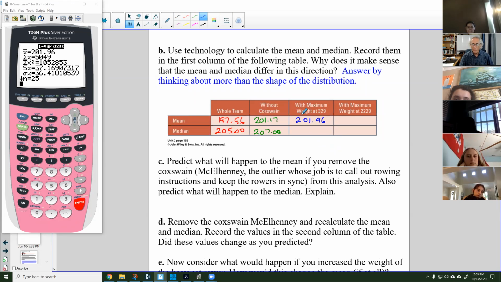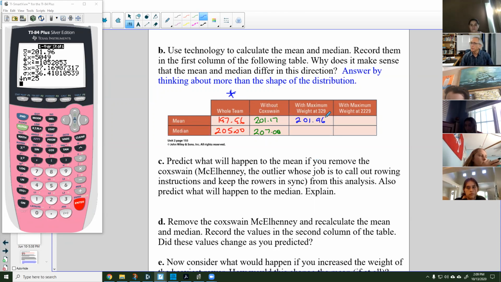Well, let's see what happens to the median. Now I'm going to ask somebody, what's going to happen to the median? This is a good question. Abby, what's going to happen to the median? I'm comparing it to this one here, the whole team. I've increased the heaviest guy's weight from 229 to 329. The mean went up.